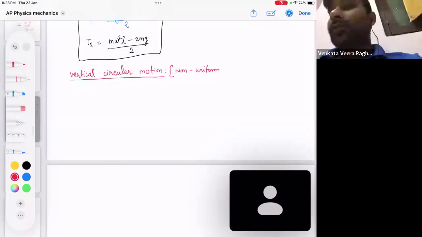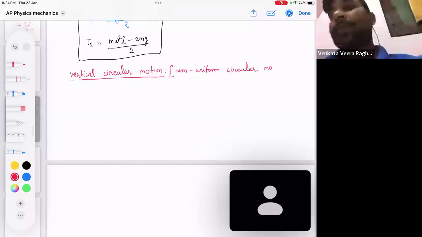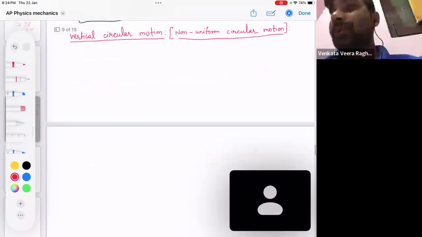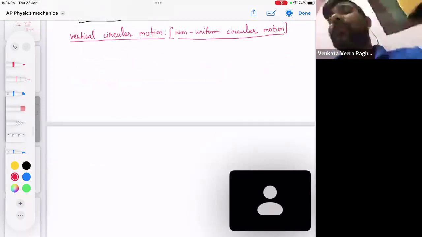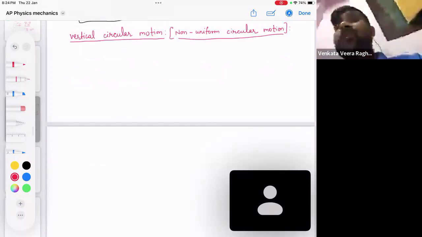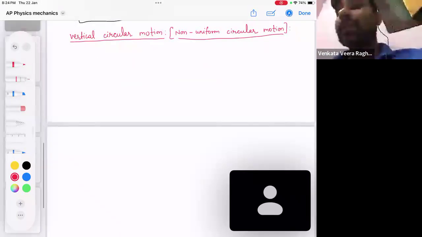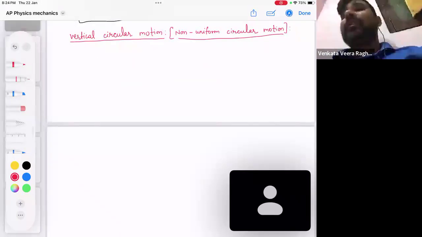Since it is non-uniform circular motion, I'm going to discuss a few questions of vertical circular motion, and some more questions I will discuss with you when we go to the work energy chapter.